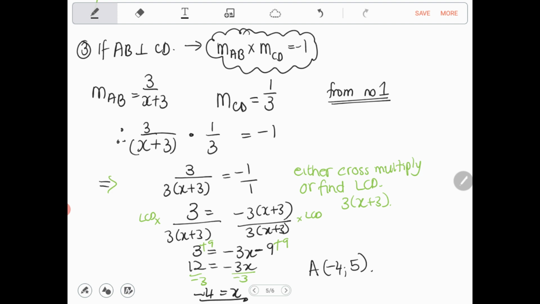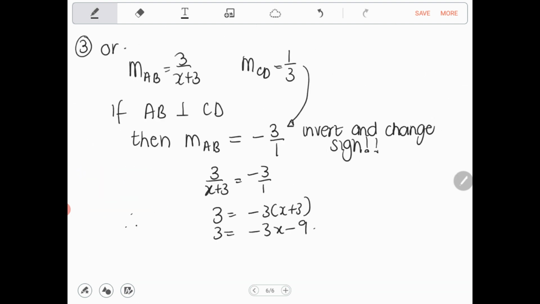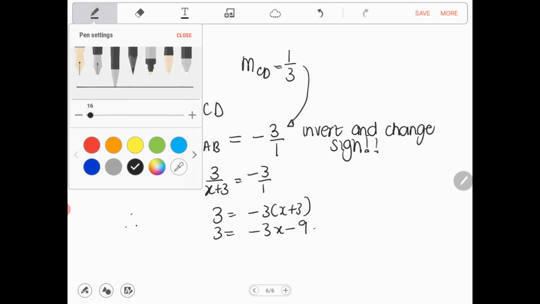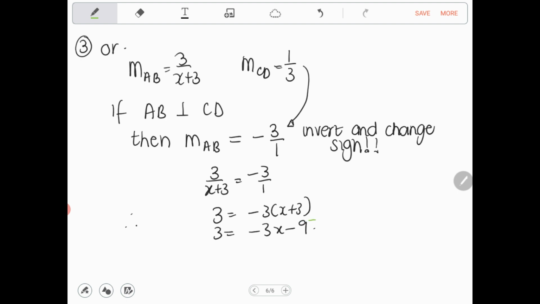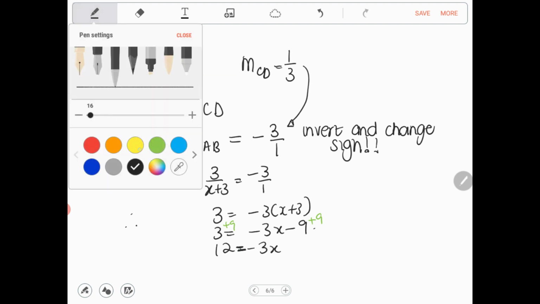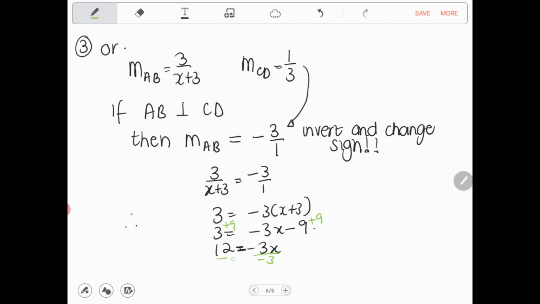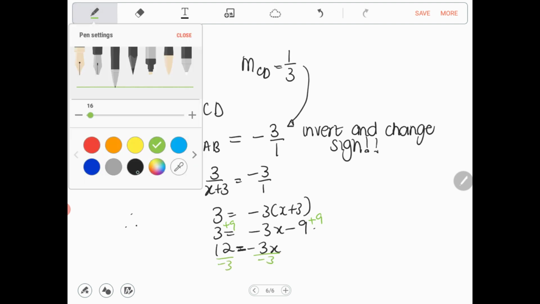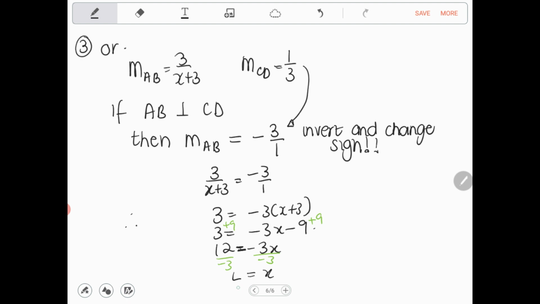Okay, apologies. With this one, we were saying we were going to invert it, which I did, and I know the gradient of AB has to be equal to -3/1. I've made my equation, and now I'm busy solving it. That's how I worked out I was wrong on the last page. So when we divide by -3, there's my answer of x is equal to 4.